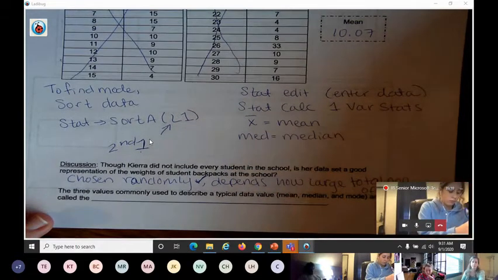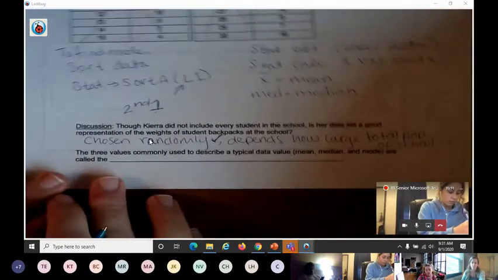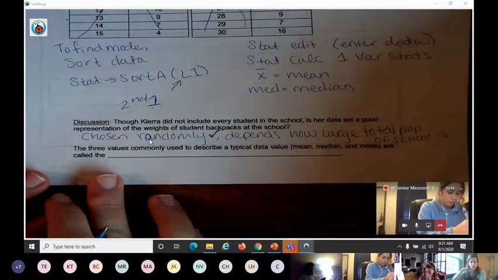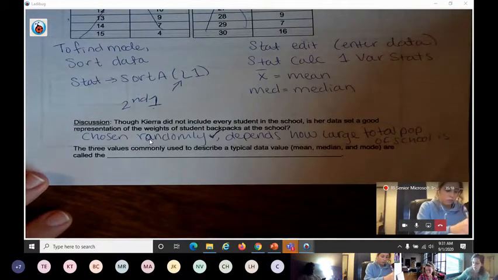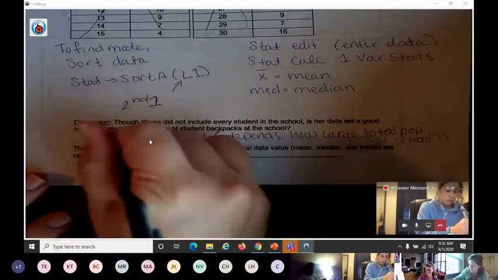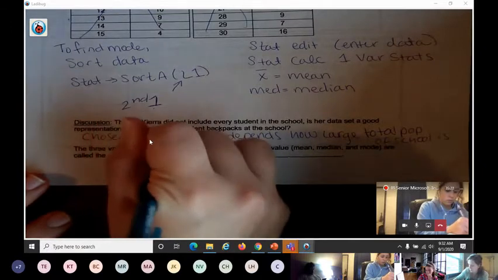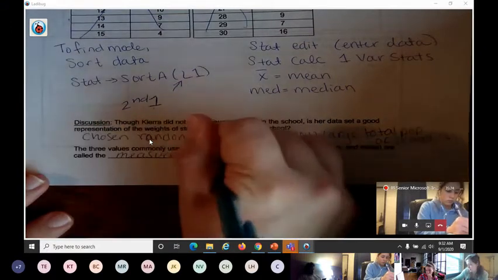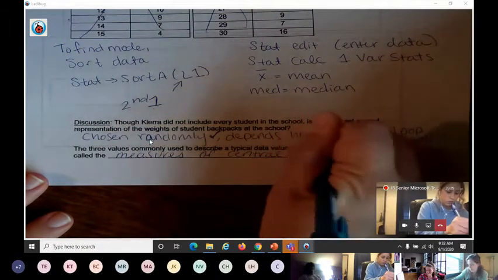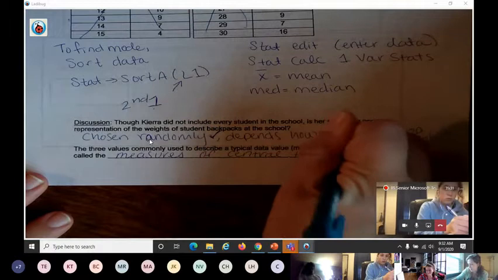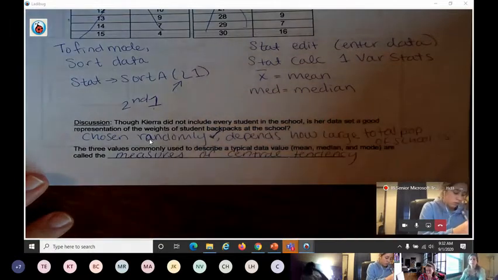Okay. Oops, sorry. The three values commonly used to describe data, the mean, median, and mode, are called the measures of central tendency. Also, I'm pretty sure I spelled tendency wrong, but whatever.